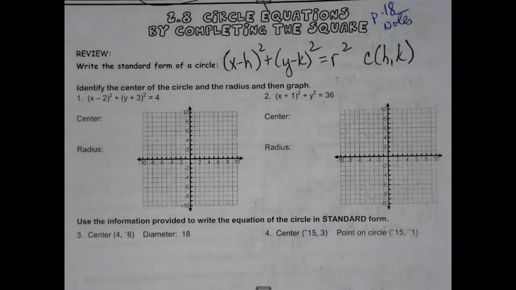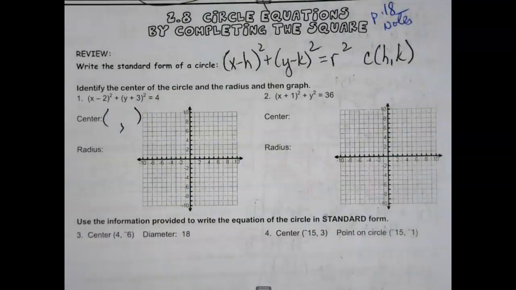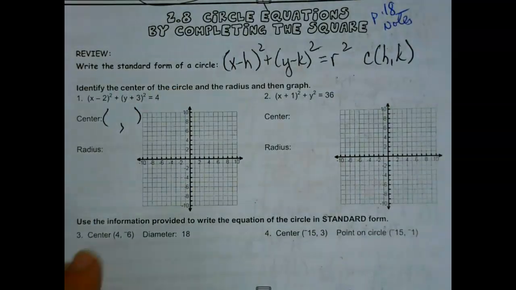But it kind of starts to give us a clue of what things are going to look like a bit. So that's going to be our goal with our completing the square here in a bit, getting to this form. So, identify the center of the circle, the radius, graph it. Like we've done this already, Hardy. I know, but I want to make sure we're seeing where this all goes.